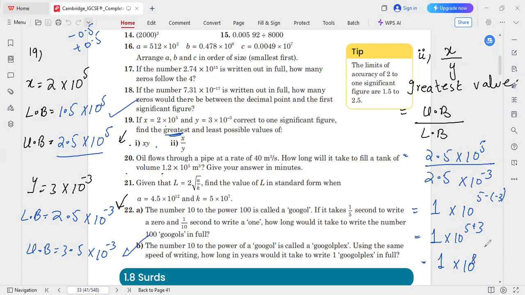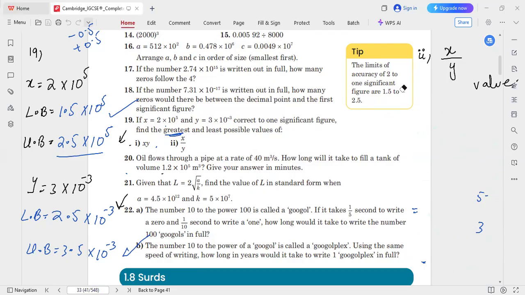Okay. So next we need to find out the least value. For the second part, least value, as here we need to divide, to find out the least value we need to go first of all with the lower bound of x with the upper bound of y.